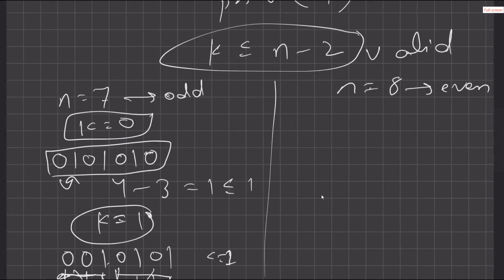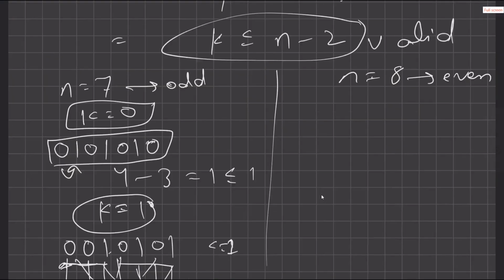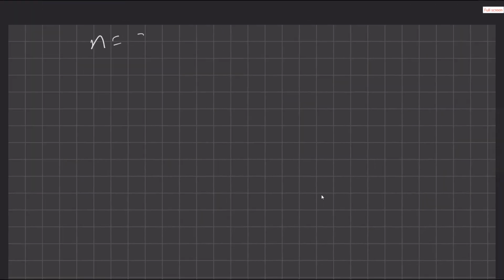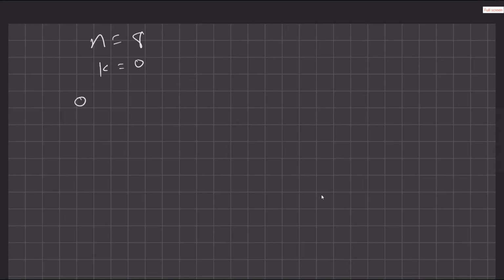And when n is equal to 8, let's try to do this. When n is equal to 8, I will find for k is equal to 0, which means we don't need any adjacent pattern. I'll start again here with 0, 0, 1, 0, 1, 0, 1, 0, 1. Wait, yeah, this is a valid one.